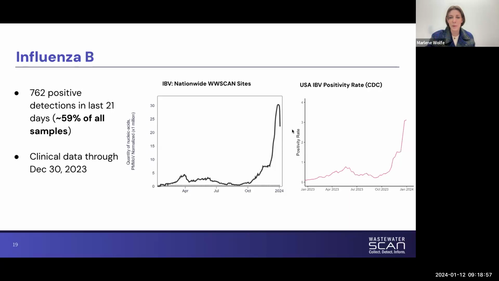And you can see in this plot, there does appear to be a little bit of a downturn recently in the influenza B concentrations in aggregate across the country. That's not yet reflected in the positivity rate data, which does lag a bit behind this data, and the clinical data on the right is through December 30th. So we're hoping that that same dynamic of a downturn will be confirmed in the positivity rate data and will continue.